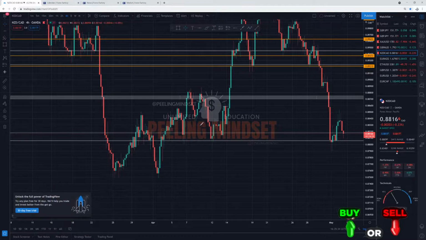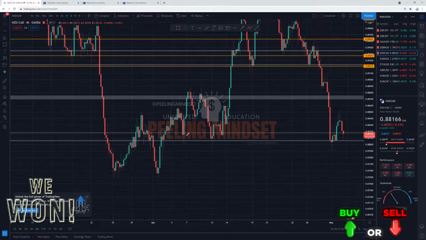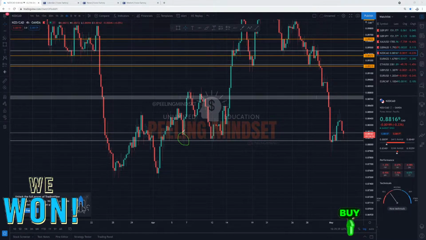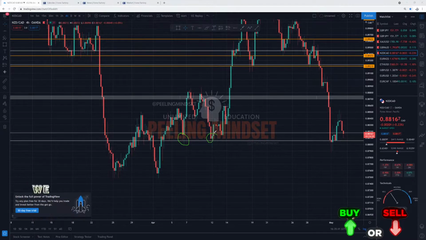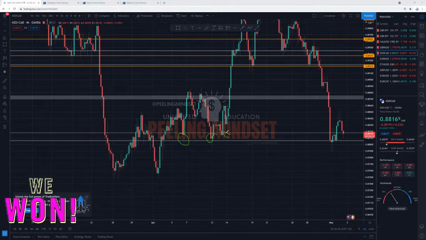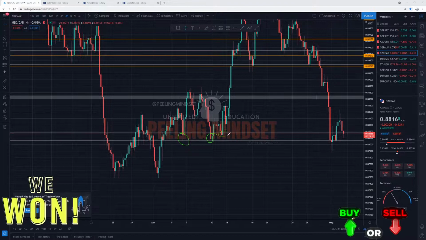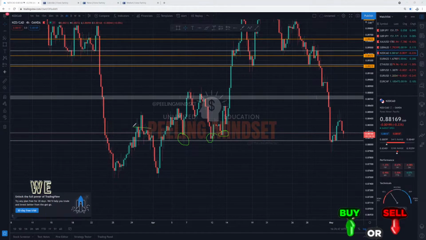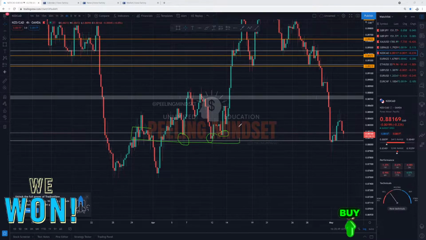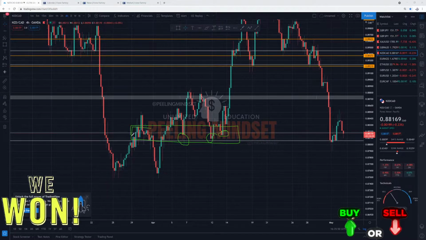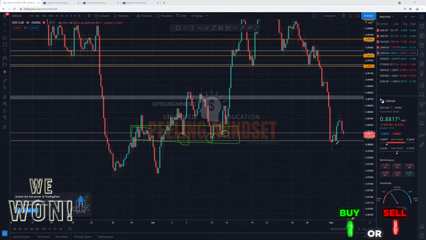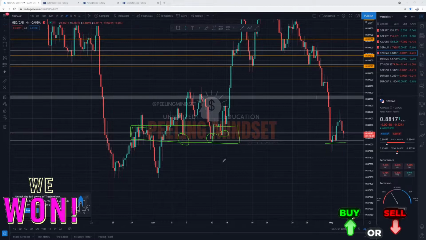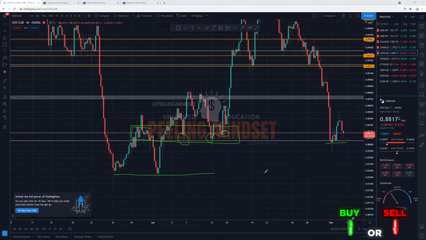It's actually very interesting, looking at the 4-hour here. Very juicy. If it's going to close below, man, we are more than likely going down.